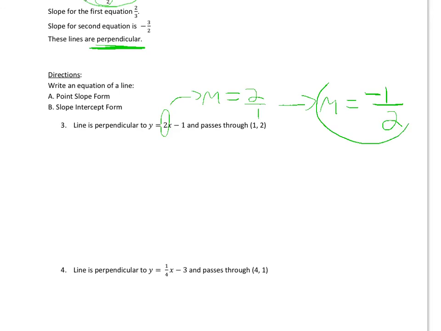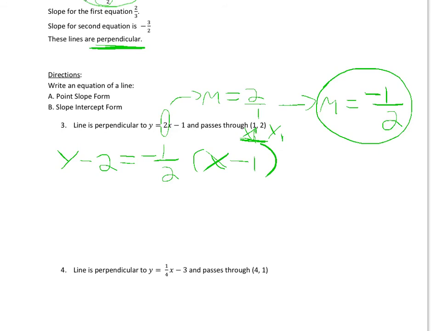So this is going to be the slope of the line that I want to find. And the point (1, 2), right? 1 is x sub 1, 2 is y sub 1. And then I plug these numbers in for point slope form. So when I put it in point slope form, it's y minus 2 equals m, which is negative 1/2, times the quantity of x minus this x sub 1, which is 1, so it's x minus 1.